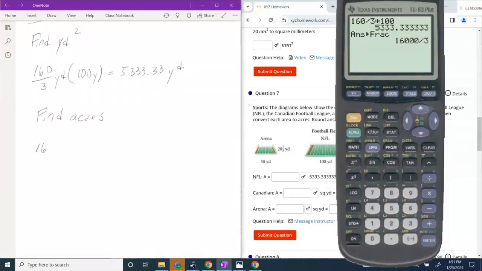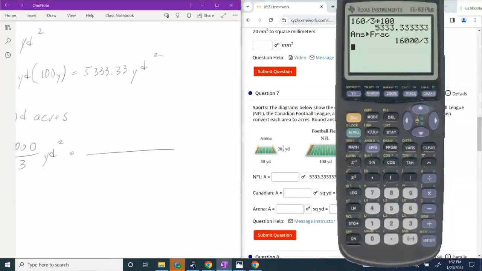So I want to take 16,000 over 3 square yards, and I want to convert that to acres, right? So I want to put square yards in the denominator, and I want to put acres in the numerator.